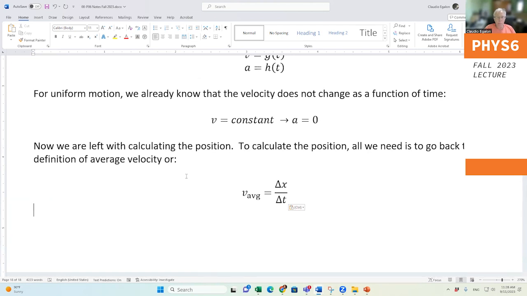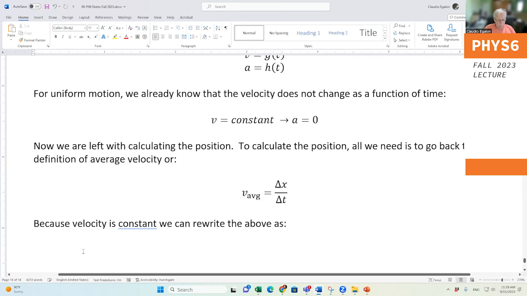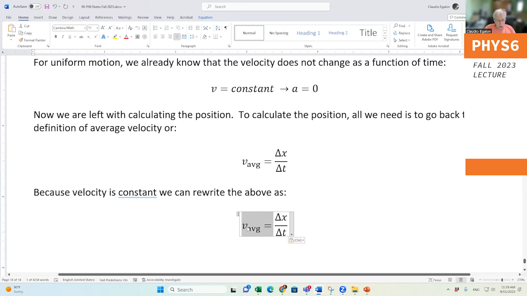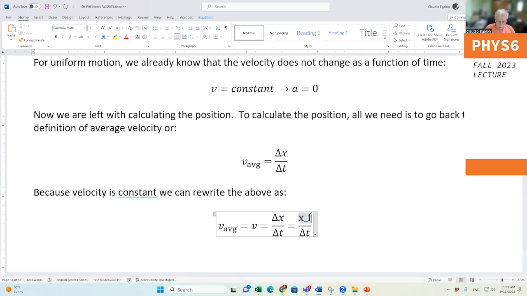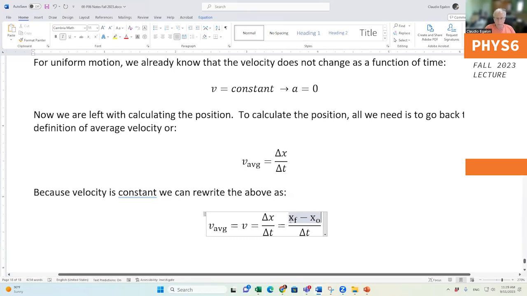Now, because velocity is constant, we can write the above as: the average velocity is going to be equal to the velocity itself, which is going to be equal to delta x over delta t, which I'm going to spell out even more, xf minus x naught, and delta t can be written as tf minus t naught.